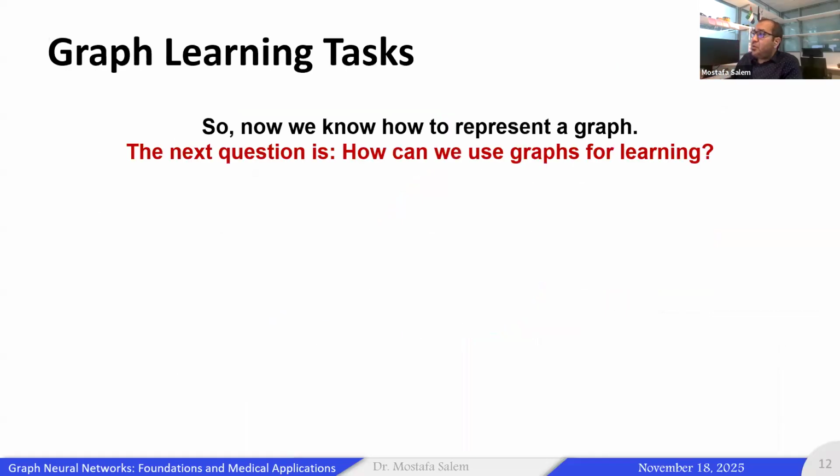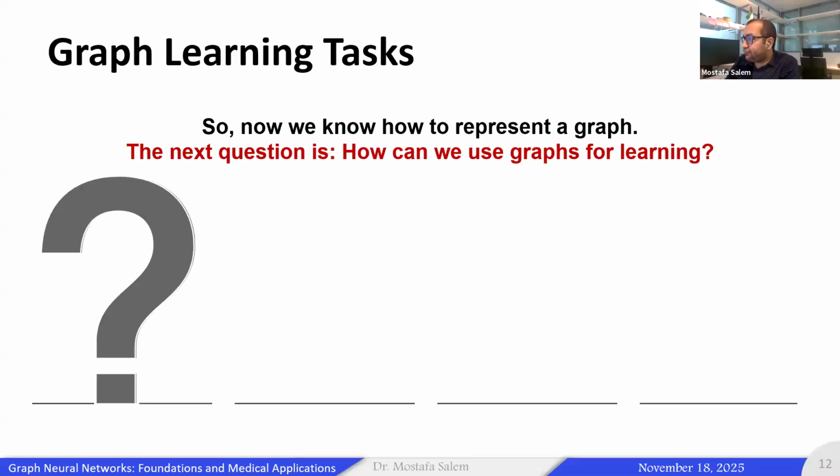So now we know how to represent a graph. The next question is, how can we use graphs for learning? How do we learn information from our data represented as a graph? If you have a graph, we can do what's called node level prediction.